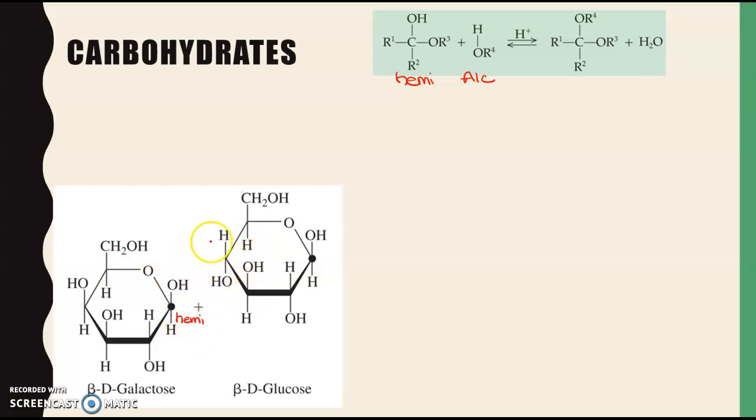And over here, in this molecule, we also have a hemi way over here, but we also have what is essentially an alcohol group, an ROH, right there. What that means is we have an opportunity for these two molecules. We have chemically compatible functional groups that can react together.